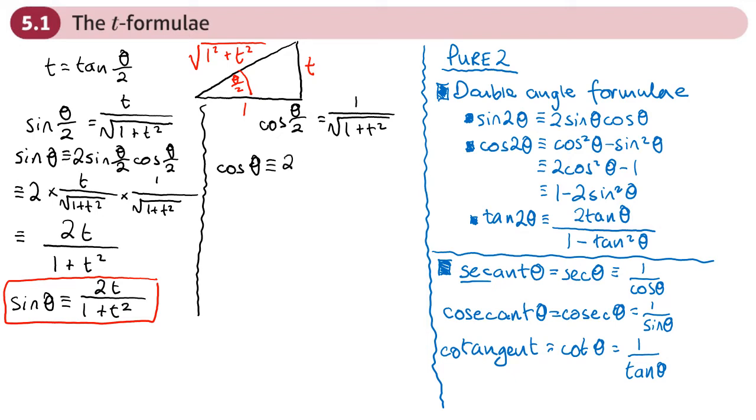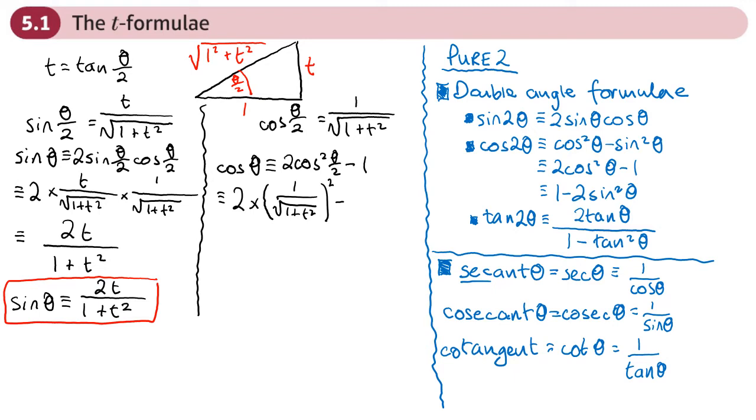Oh sorry, that's theta over 2. My bad, it's a double angle. So 2 times, we replace cos theta over 2 with 1 over square root 1 plus t squared, and that's going to be squared. And then we minus 1.